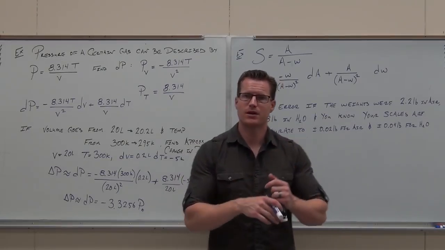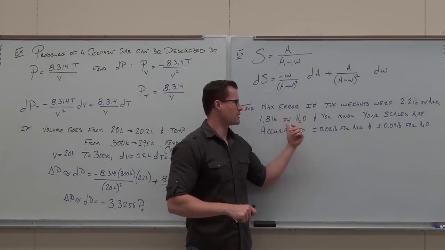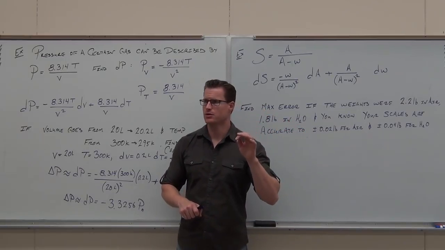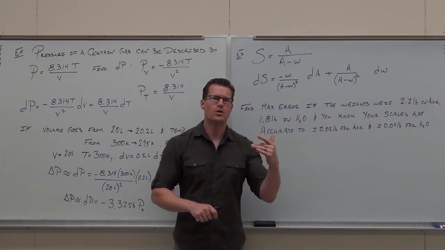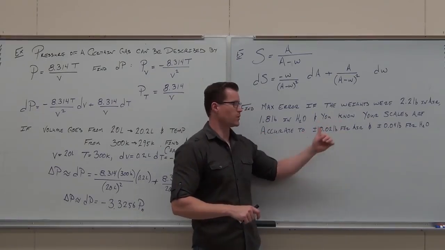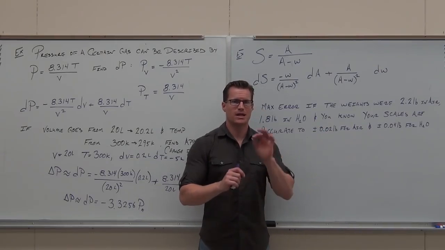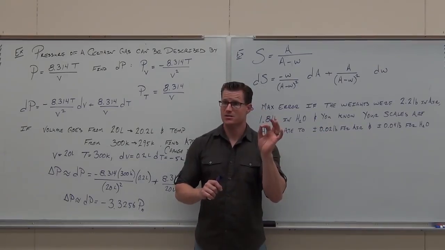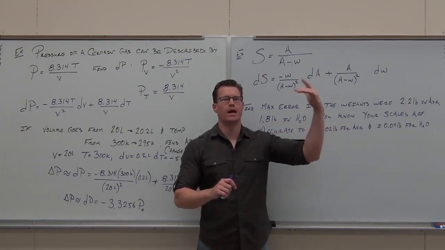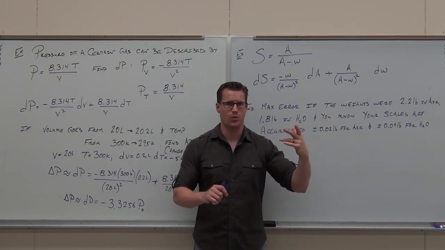Now, if I tell you we measured something, and I had the measurements for air and for water, you now know your A and your W. But I also know this: my scale is accurate for air to 0.02 pounds and for water to 0.04 pounds. That means I could be anywhere within that range. Does that make sense?